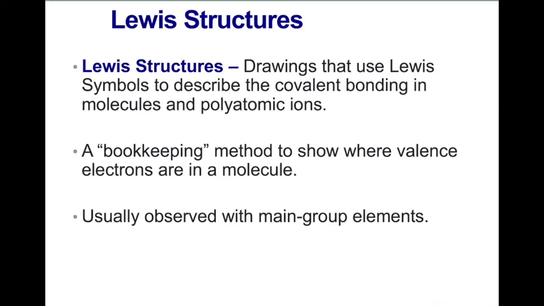Are they being shared between 2 elements? Are they lone pairs, like we saw with the chlorine in the previous example? So this is figuring out where the bonds are and where all the electrons are. We usually just see this with main group elements, because main group elements are where the nonmetals are. Nonmetals undergo covalent bonding.